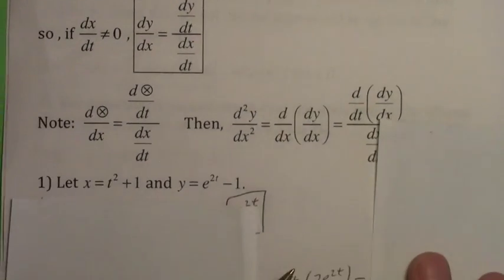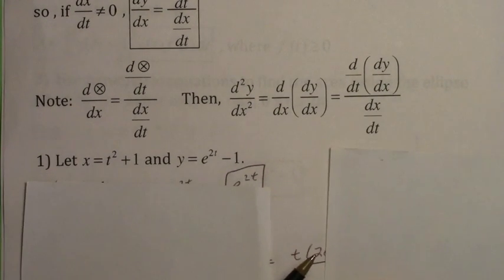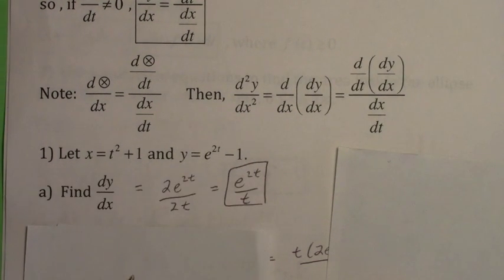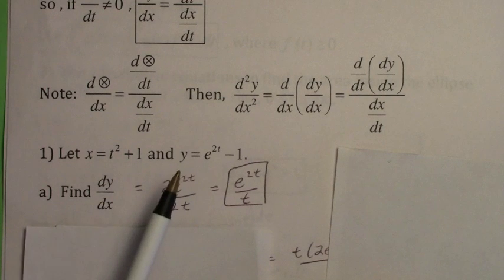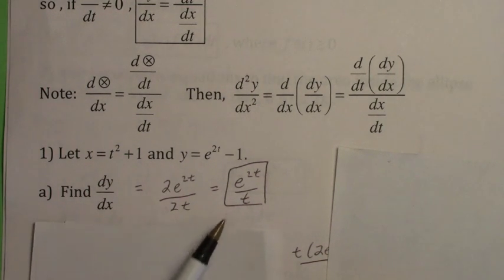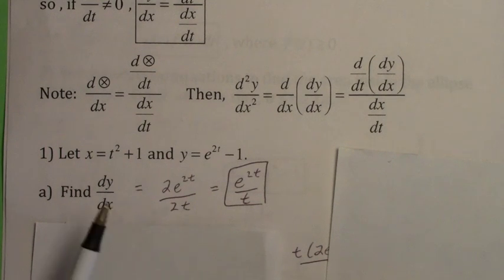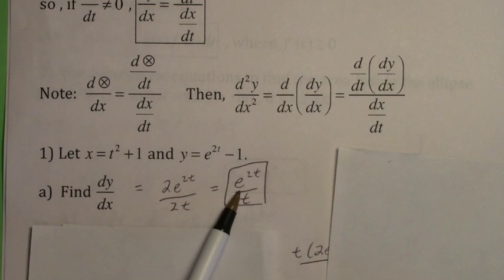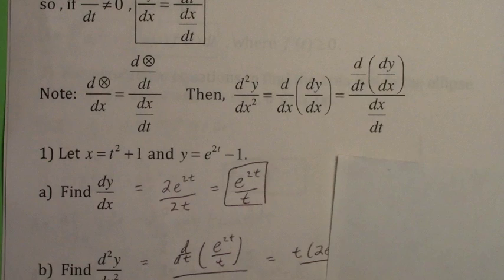So here we go. I'm supposed to give you an example. x equals t squared plus 1 and y equals e to the t minus 1. dy/dx would just be dy/dt over dx/dt, which gives you this. So what would the second derivative be? It's the derivative of this thing with respect to t, and then you divide it by dx/dt. See?